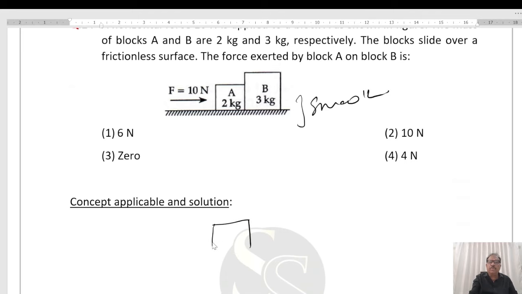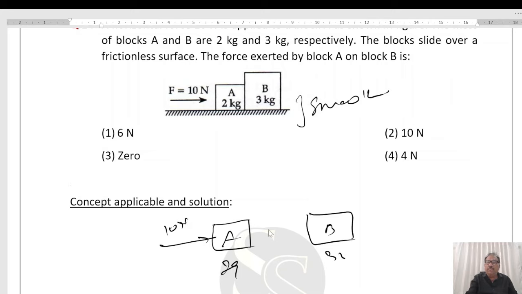I will discuss a very basic concept. This is A, this is B. 2 kg, 3 kg. Force is acting, 10 Newton. Now, contact force will be there.